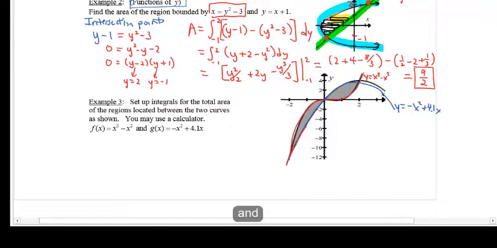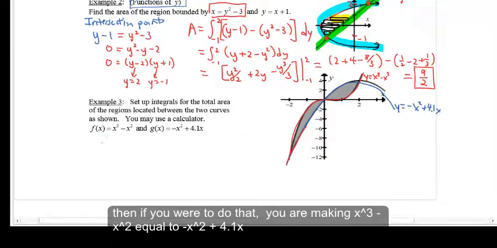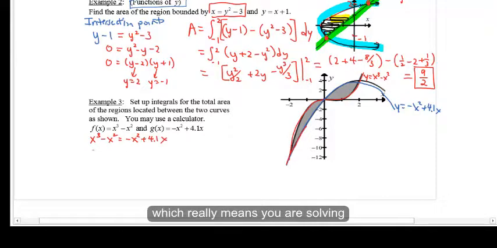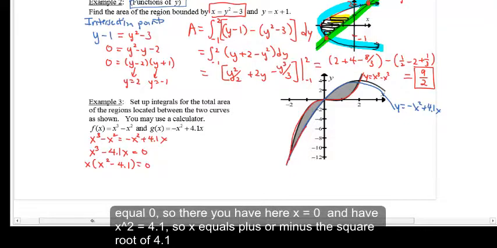Okay? And if you were to do that, you're making x cubed minus x squared equal to negative x squared plus 4.1x. Which really means you're solving x cubed minus 4.1x equals 0. Factoring out x, I get x times x squared minus 4.1 equals 0.